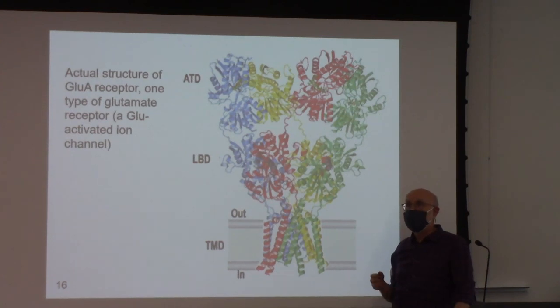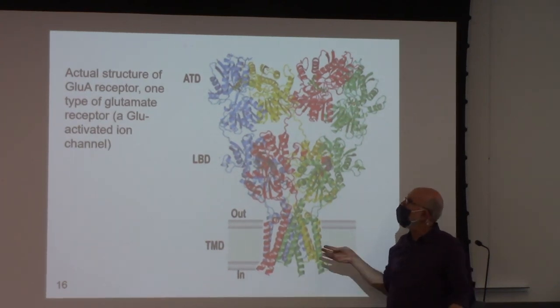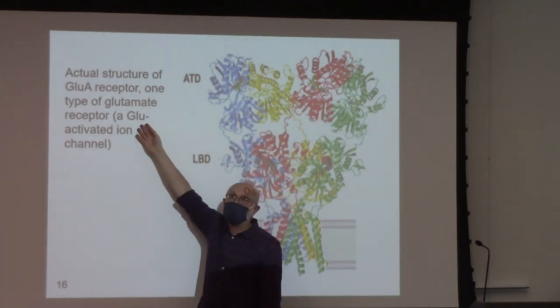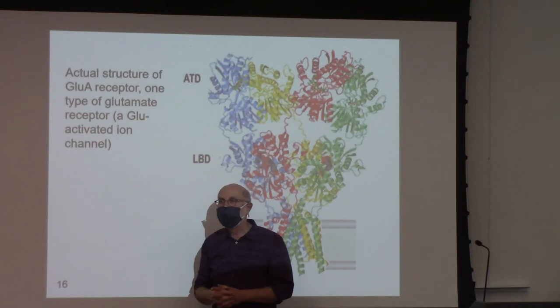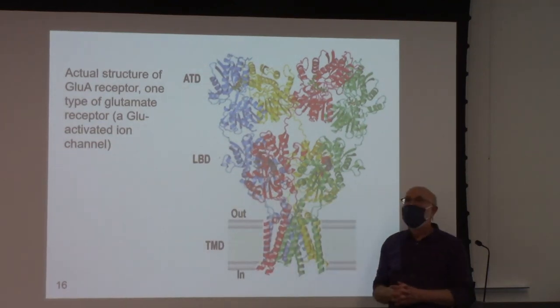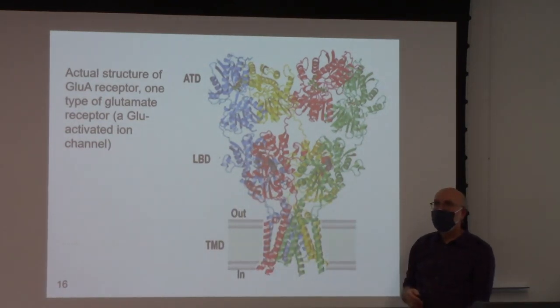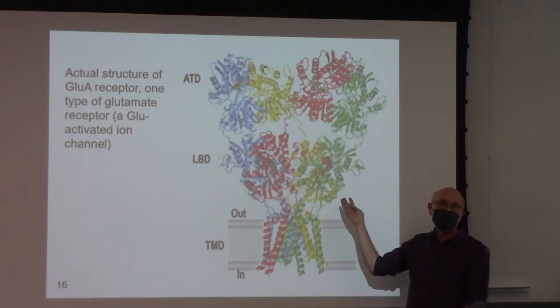Glutamate, a ligand-activated ion channel that is activated by glutamate, which is the most important excitatory neurotransmitter in your brain. Your senior neuroscience majors who are working on their comprehensive exams are answering a question related to these receptors.